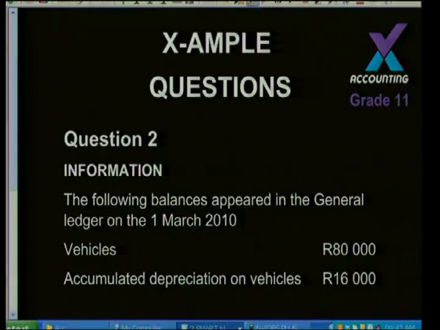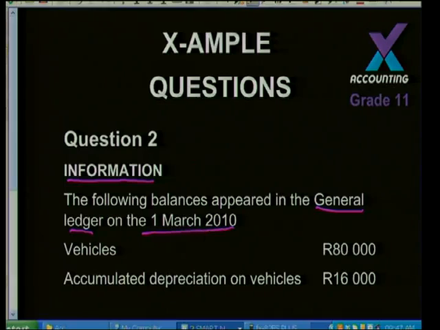So let's get started. Let's read through the rest of the information and then we'll get started with the question itself. Right, the information that is given to us. The following balances appeared in the general ledger on the 1st of March 2010.